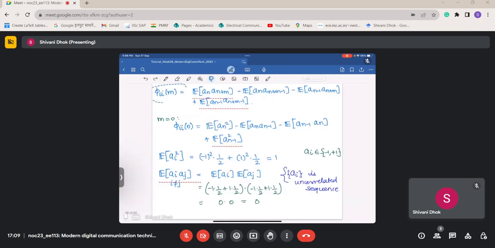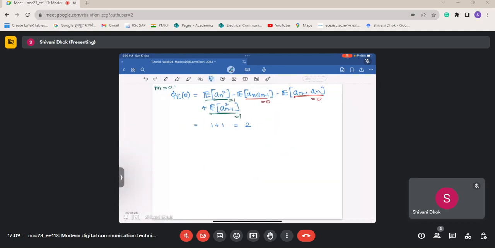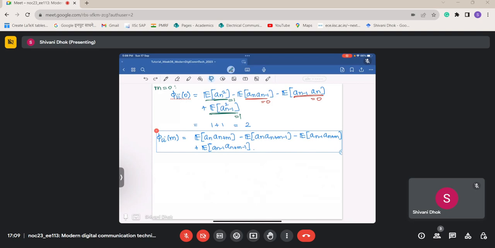Now let us take this, copy it here. Let us consider the case where m equals 1.